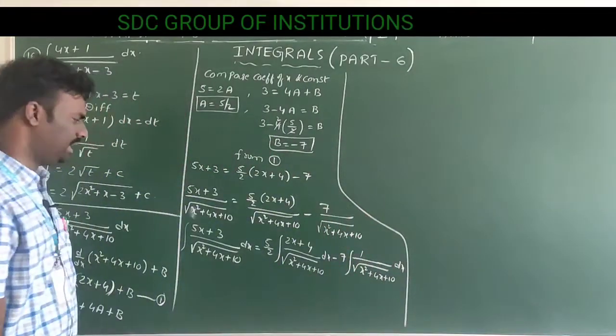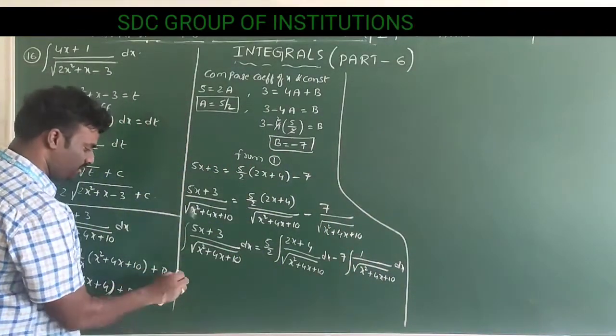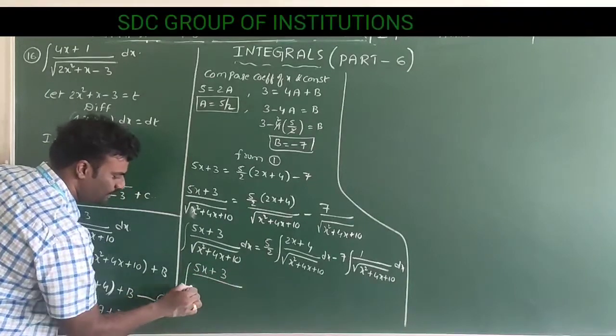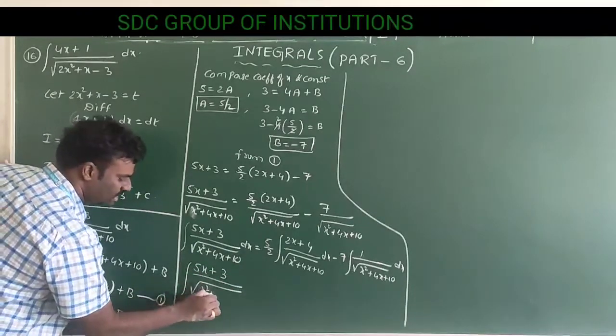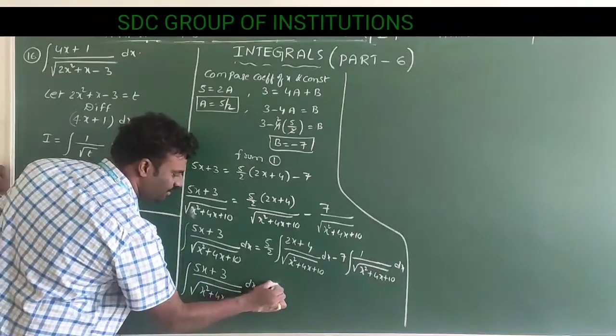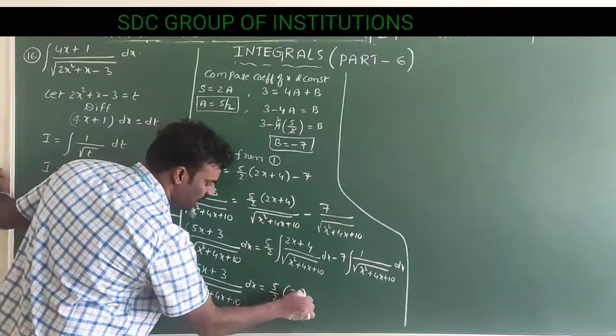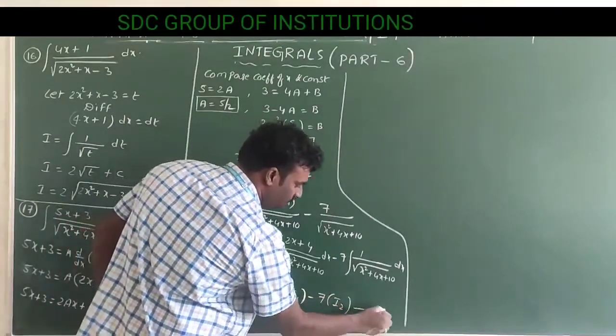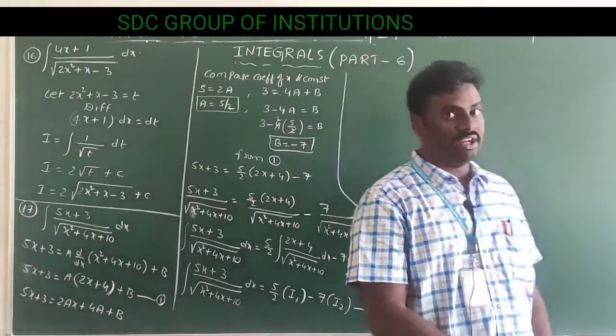Okay. Now I can take the first value as I1, the second value as I2. Now integral 5x plus 3 by under root of x square plus 4x plus 10 dx is equal to 5 by 2 into I1 minus 7 into I2. Now I can find I1, I2 separately.